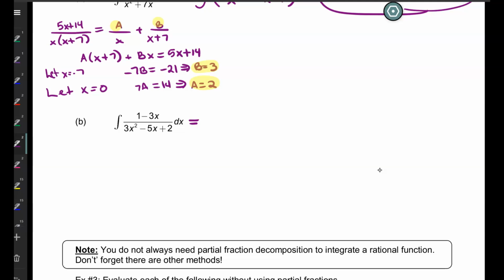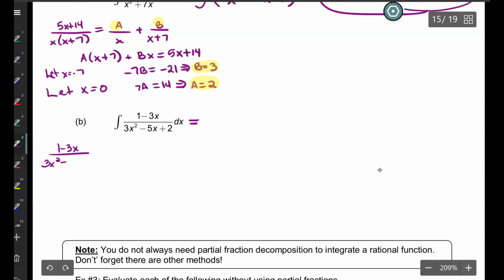So let me work with the partial fraction decomposition. So 1 minus 3x over 3x squared minus 5x plus 2. Let me just factor this here. Sorry. So let's see, this is going to be 3x minus 2 and then x minus 1. So it's going to be A over 3x minus 2 plus B over x minus 1.